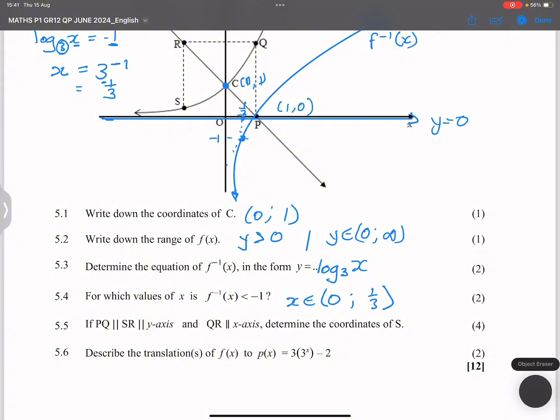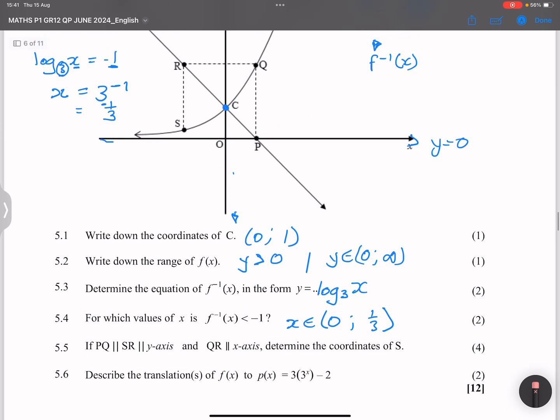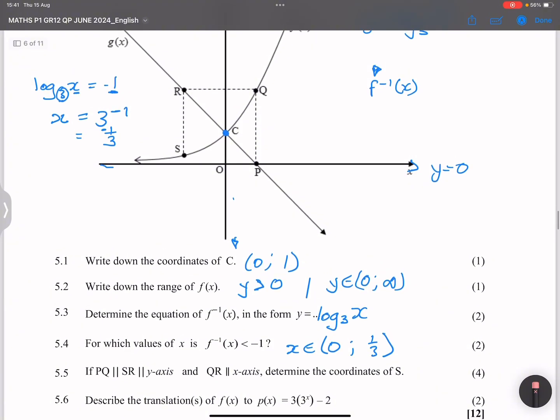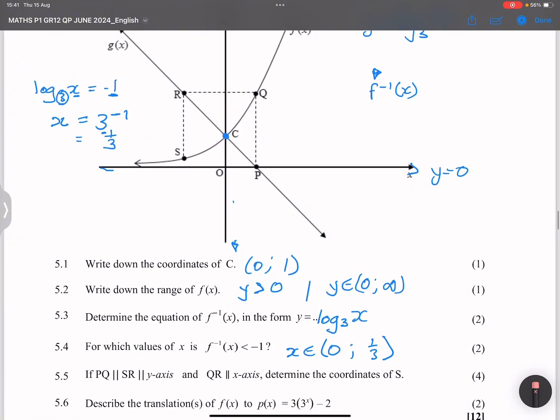They say to us, I'm just going to remove the graph of the inverse. If PQ is parallel to SR, and parallel to the y-axis, these are perfectly vertical lines.